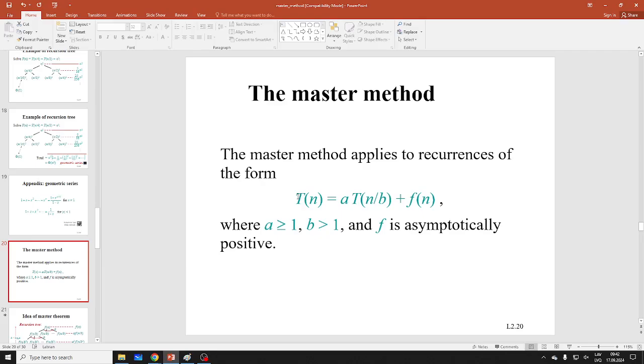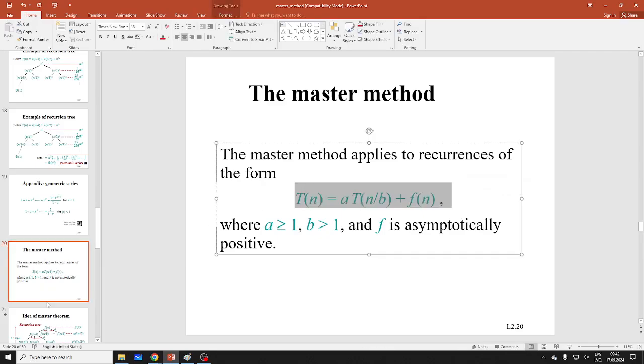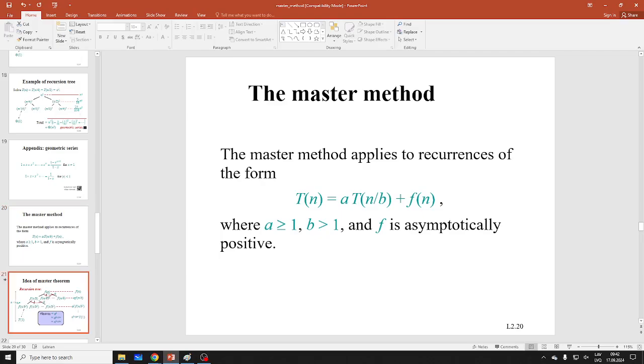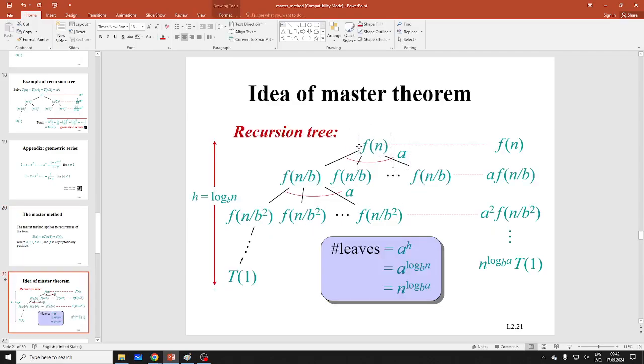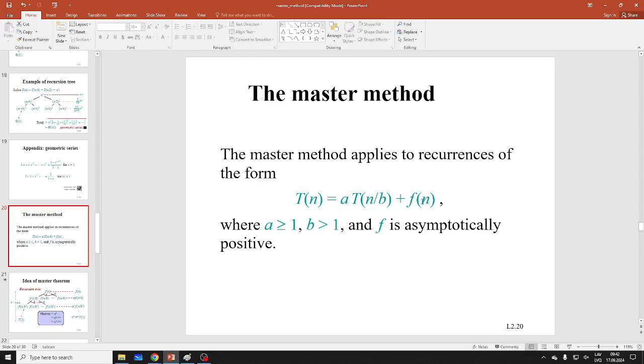So this is the form. Let's go back to this one here. You do some work at this level, f(n). That's the form. In our example, it was x squared work.